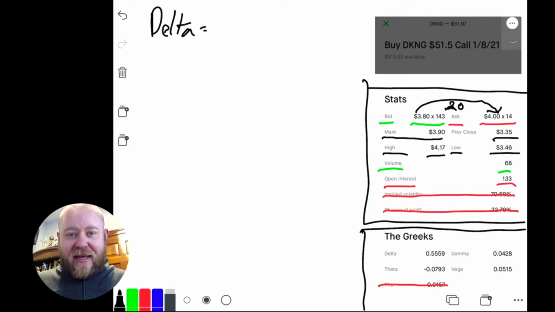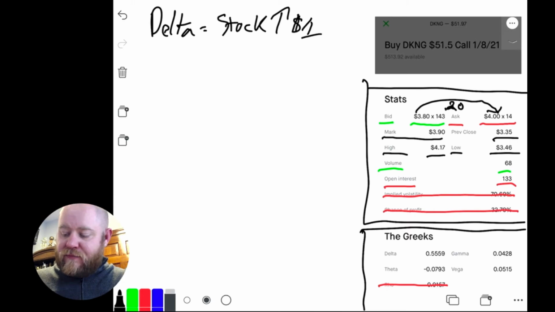Delta is the amount that the option is going to go up or down as the underlying stock price goes up or down $1. So as the stock goes up $1, the option premium is going to go up 55.59 cents, or $55.59 because it's 100 shares.